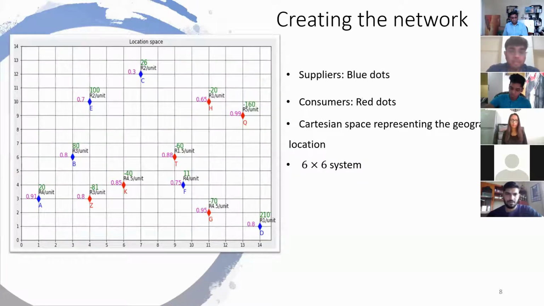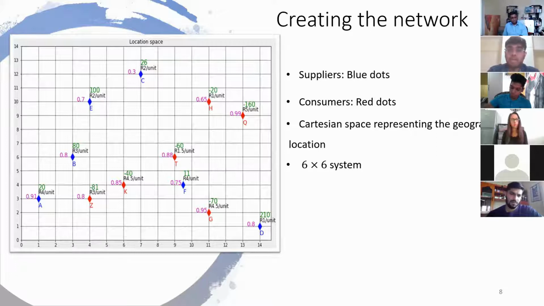The data can also be represented in this way. Suppliers are represented as blue dots and the consumers are represented as red dots. In green, you have the amount of resource for each company. So they are negative for the consumers.